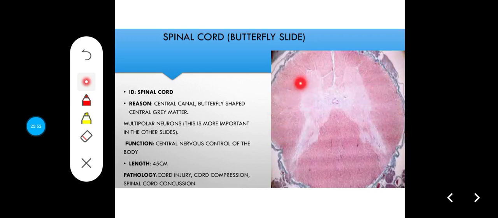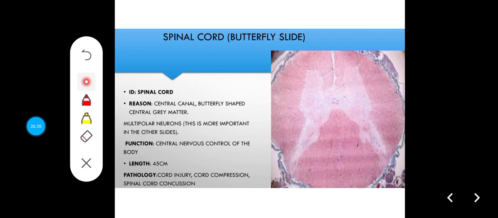Now this is the lateral gray horn, or the lateral gray column. So this is the anterior gray column or the ventral horn. So this is the posterior gray column or the dorsal horn.